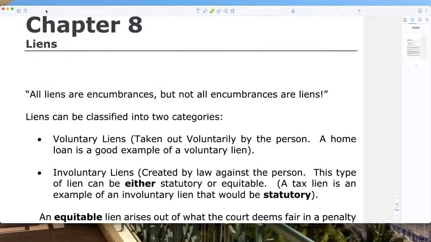One of the things that I always like to remind my students is that all liens are encumbrances, but not all encumbrances are liens. What do we mean by that? Well, all liens are encumbrances, but not all encumbrances are liens.